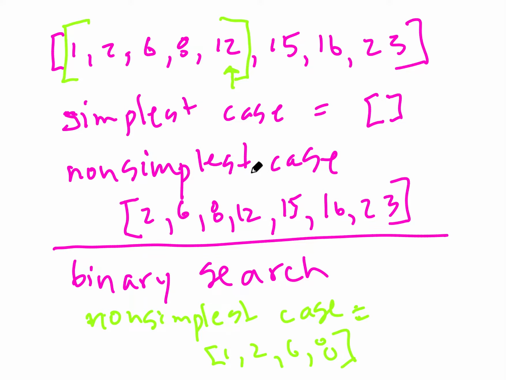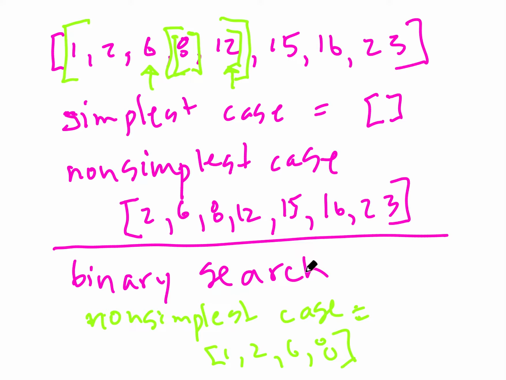And I do this over and over again. So then I'll pick a middle spot, and now I know that 9 is bigger than that, and so I go like this, and then I'll pick one of these two members. Let's say I pick 12. I know 9 is smaller than that, so I pick 8, and now I know 9 is bigger than 8, so I know 9 does not occur in the list.